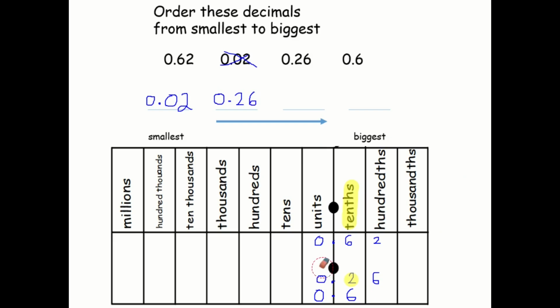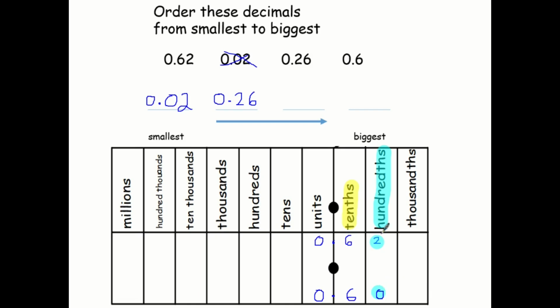Okay, now how to compare these two that are left? Well, they've both got 6 in the tenths column, so then I need to pay attention to the hundredths column. Well, here I've got a 2, but what's here? Well, there is nothing, but I can represent that by putting a 0 there.